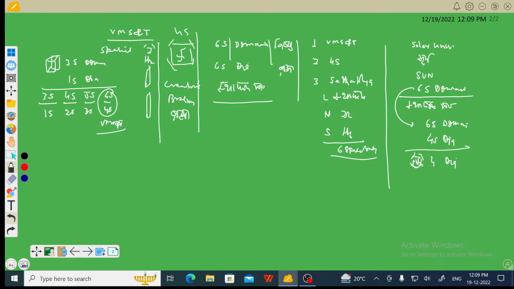Once we have this overview that we are entering the discipline of Vedic mathematics, science and technology, it is a discipline of a 6 space. It is a discipline of a sun, Surya, solar universe, and simultaneously it is a discipline of a Purusha.